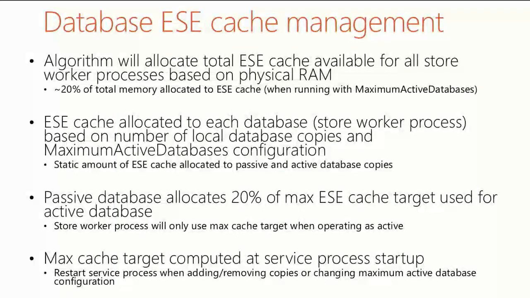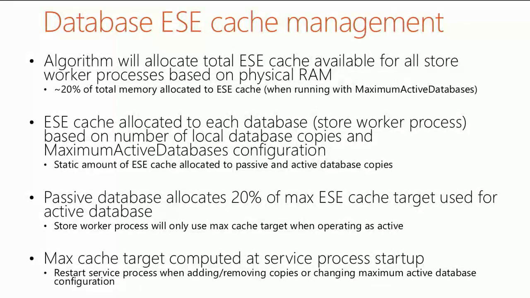In 2013, though, we have far less memory budget than we had in previous releases. When you ran dedicated mailbox servers, you'd pretty much give all the memory to JET cache. It's not the world we live in today's implementation, where we have client processes and the search processes all running on a single box, and we need to allocate much less memory to JET cache. It's using 20% as a max allocation for its algorithms.